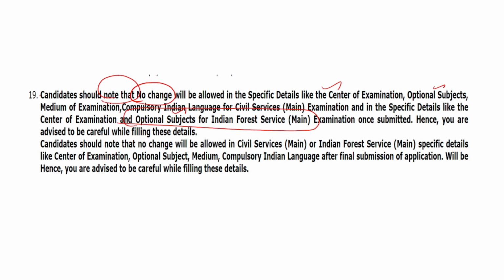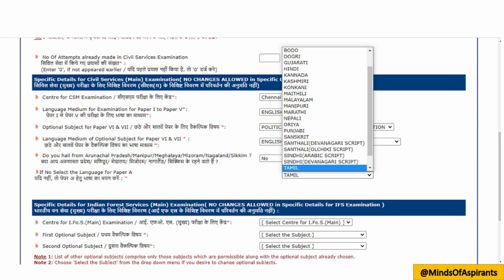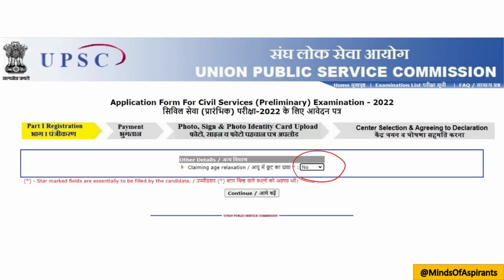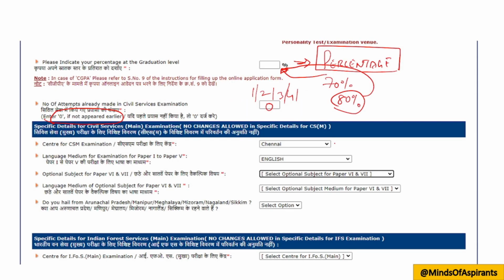See, this is a very important part that you have to fill. So if you are filling here, be very careful, and fill which center you want, so that you have a proper idea of which center you are going to apply.